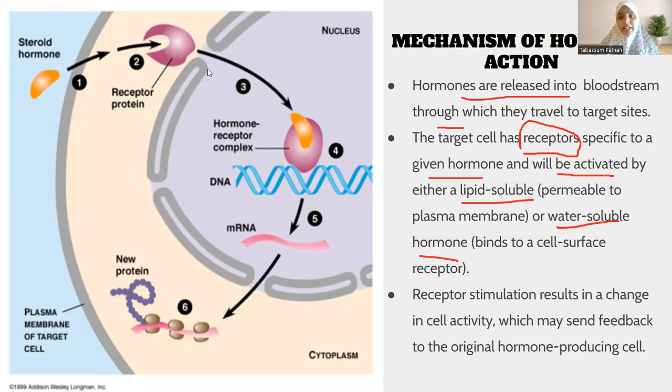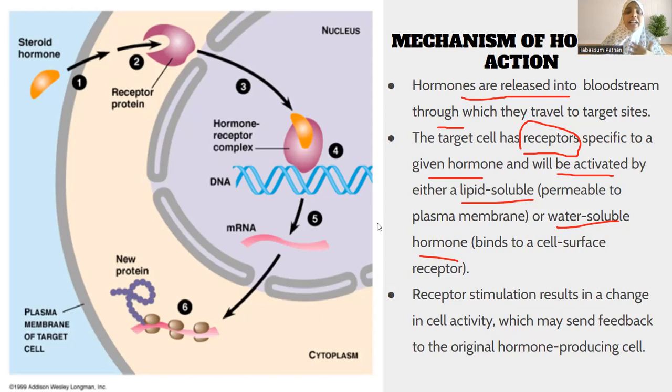other signaling reactions. Okay, so receptor stimulation results in a change in the cell activity. So once the hormone is accepted by the receptor, this receptor will cause certain changes in the activities of the cell. Basically, whatever the effect of that hormone will be, that effect will be carried out. Okay, which may send feedback to the original hormone producing cell.